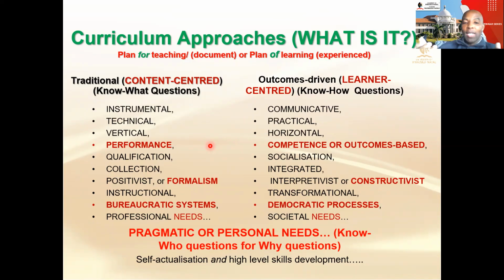The reason for that is that professionals who were coming from the content-centeredness were expected to do the job, and those from the competence-based curriculum were expected to imitate what those from the performance curriculum were doing.